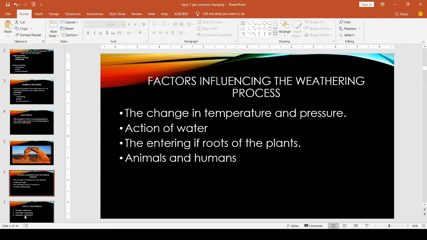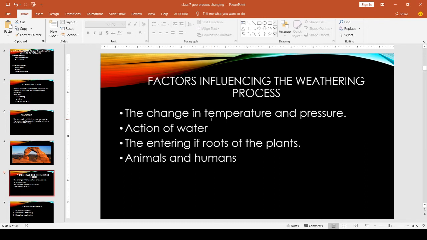Okay, there are some factors which influence this breaking of rocks into pieces. First is the change in temperature and pressure. How does change in temperature and pressure cause this breaking of rocks?